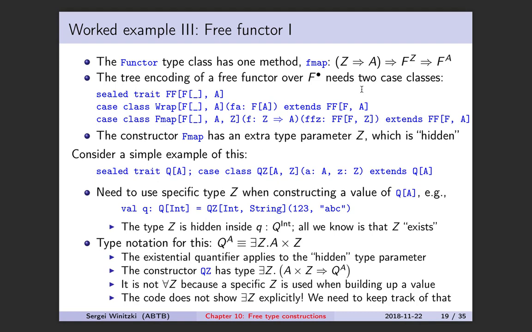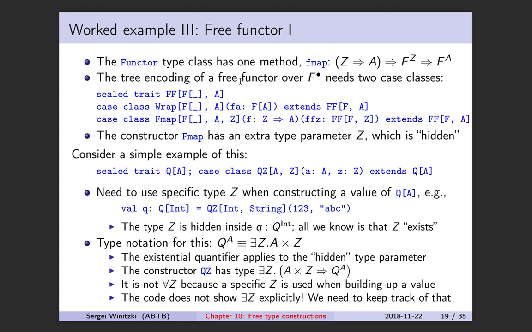So the tree encoding of a free functor would have directly encoded this as a case class. Let's call it fmap. And it will also have a case class for wrapping a type constructor that we generate from. So to remind, the free functor type class needs to be generated by a type constructor.